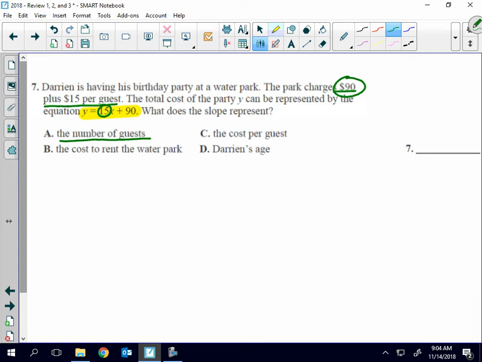Well, no, this part is the number of guests. The 15 itself is the slope. So it's not the number of guests, it's the cost per guest. The cost to rent the water park would have been the 90, and we don't know Darian's age.